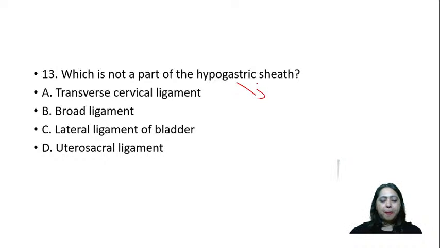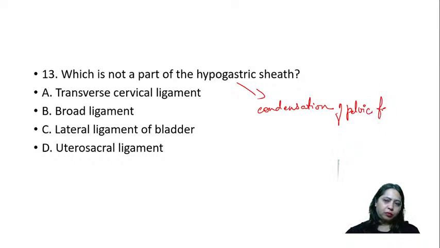It's a condensation of tissue that transmits the vessels and nerves from the lateral wall to the pelvic viscera.